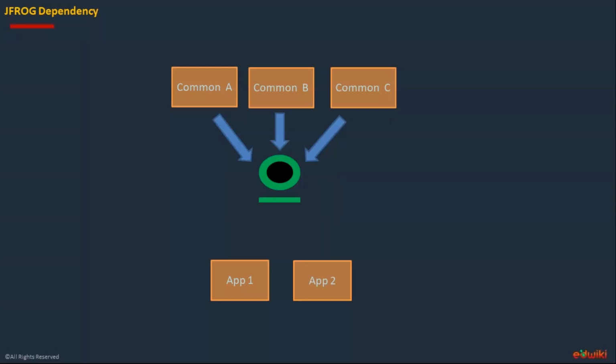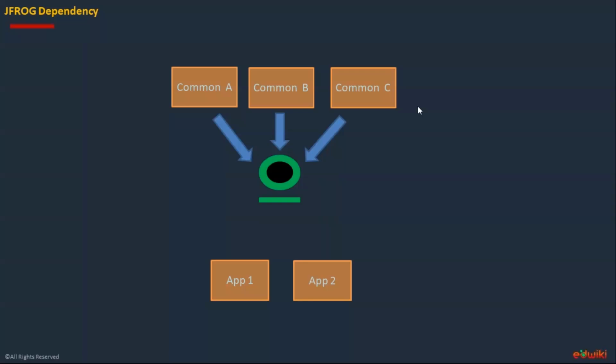So what do you think, guys? The common A, common B, common C that I'm referring to here, do you think these projects will be creating a jar artifact or a war artifact in general? These three will be creating a jar artifact, definitely. Why? We know the difference, right?